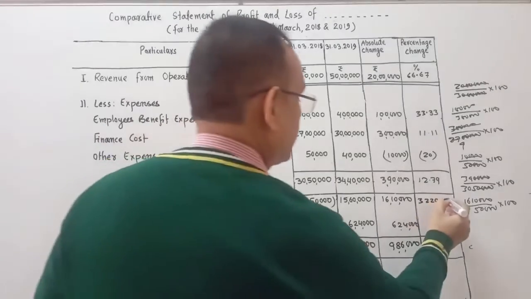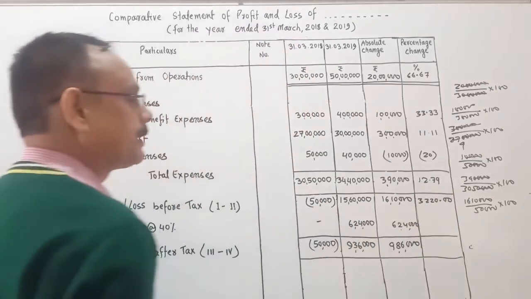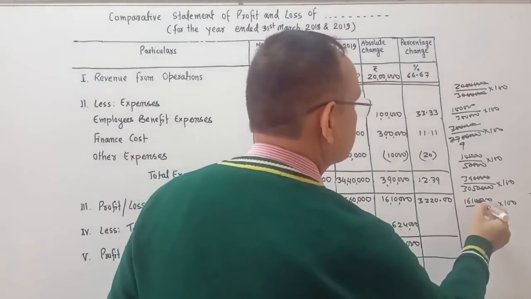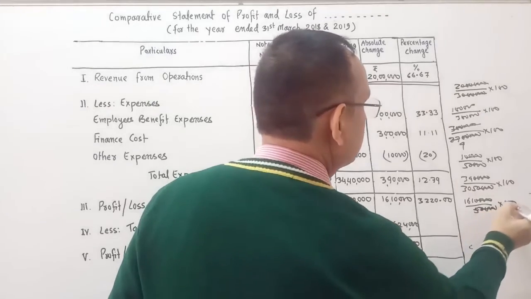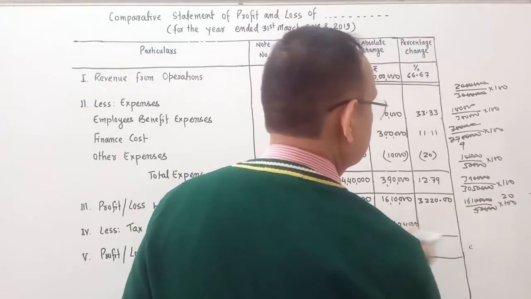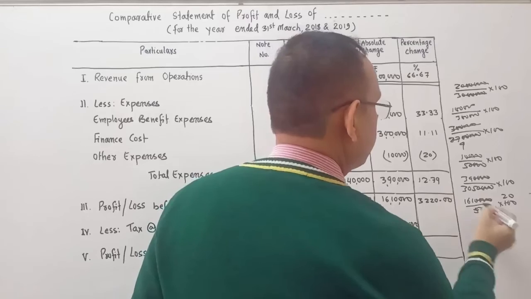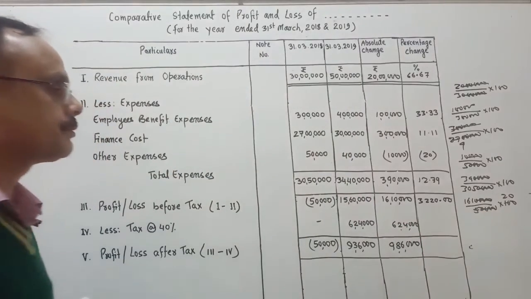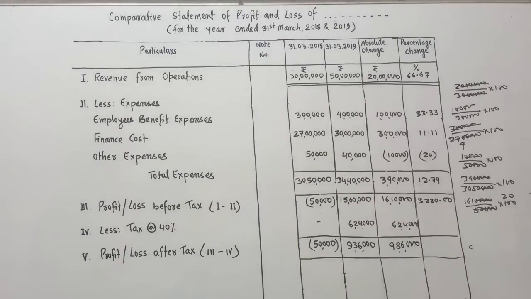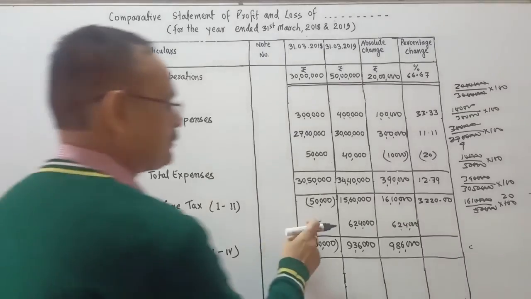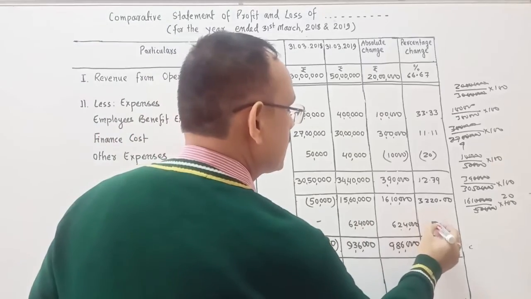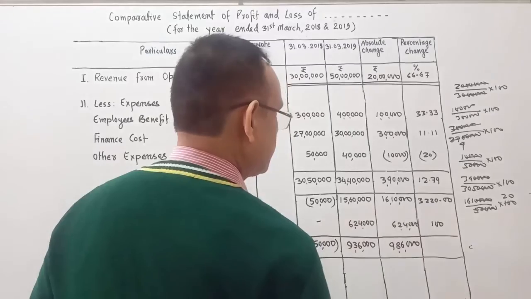Next, there is no previous figure, it is increased by this, so it is 100%.